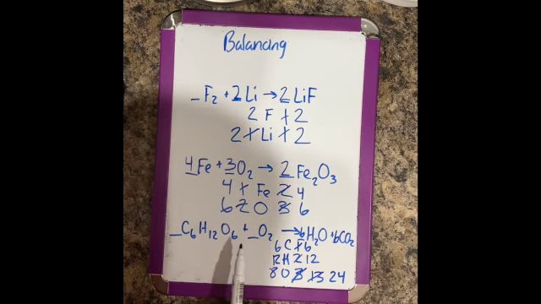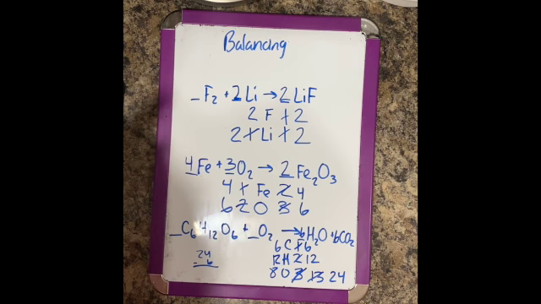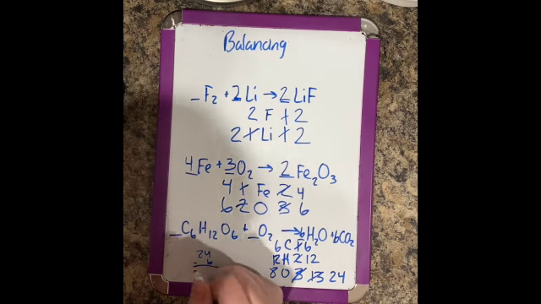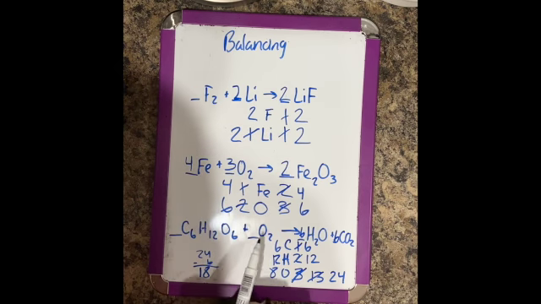All right, now over here, we have 6 oxygen right there. So 24 minus 6 is 18. So we have 18 oxygens that we need to fill in this spot right there.